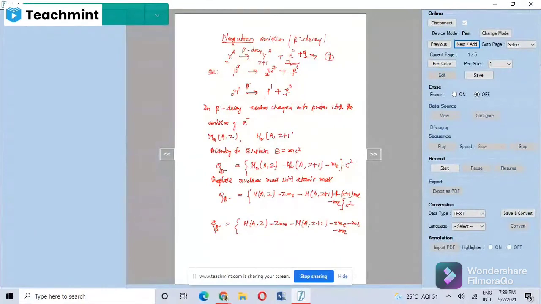If you multiply minus into minus, plus, so here we get plus Z Me plus Me into C square. So energy of beta minus decay is equal to M of A comma Z, minus Z Me plus Z Me, that's cancelled, plus Me minus Me cancel, you will get M of A comma Z minus M of A comma Z plus 1 into C square.